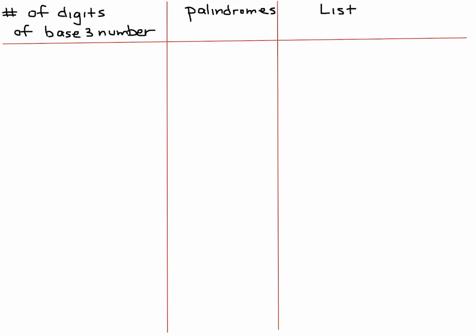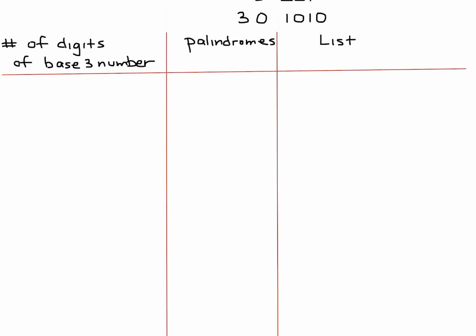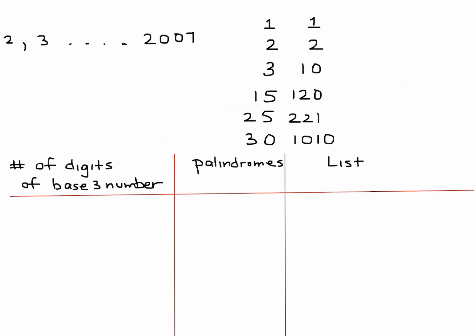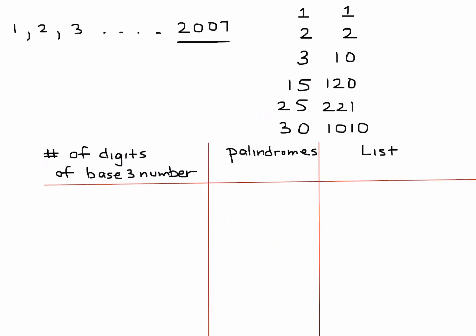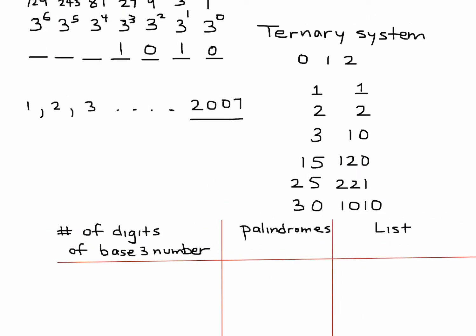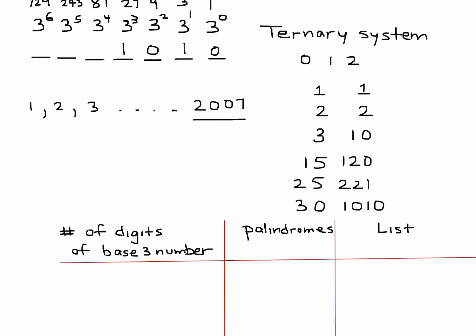Now, before I get started, keep in mind that this list only goes up to 2007, correct? So that's the biggest number. So that tells me the range. So I want to convert 2007 to the base 3 representation, and that will give me an idea of how far I need to go in this list.